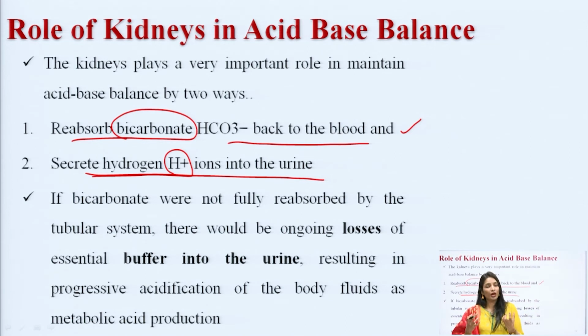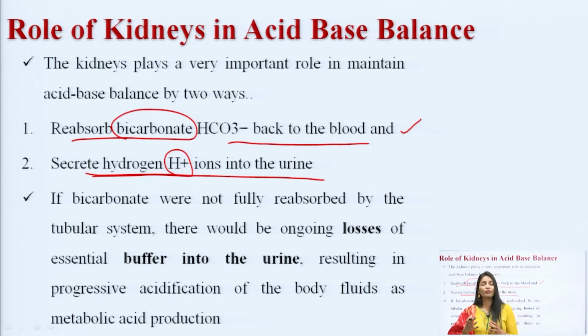If the bicarbonates are not reabsorbed, definitely they are going to be eliminated from the body. Bicarbonate acts as a buffer, so an essential buffer is being lost from the body and going into the urine, right. The loss of an essential buffer into the urine results in acidification.